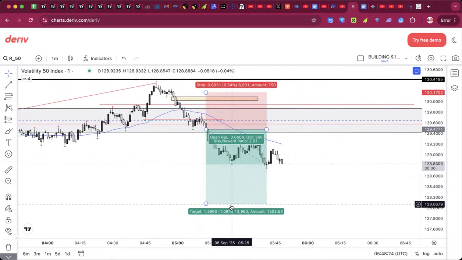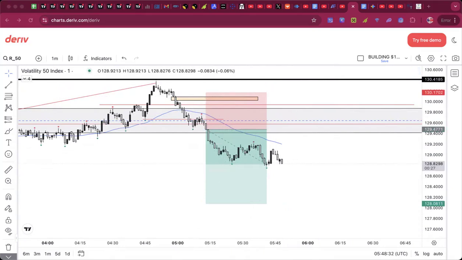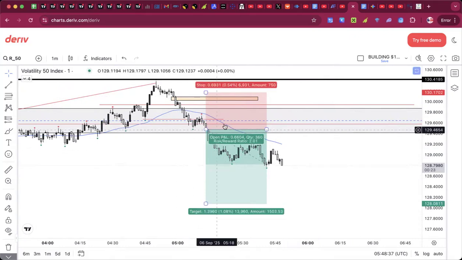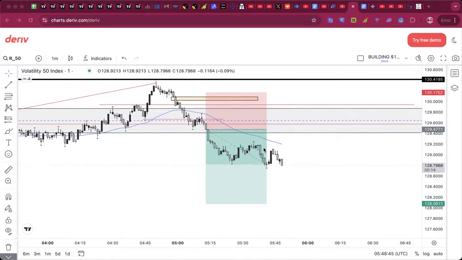Now, let's do the calculation. The lot is 4. Okay, so let's do 1.3 for you to know your profit and your stop loss. Your stop loss will be, let's look at it, this is 0.6931, multiplied by 4.